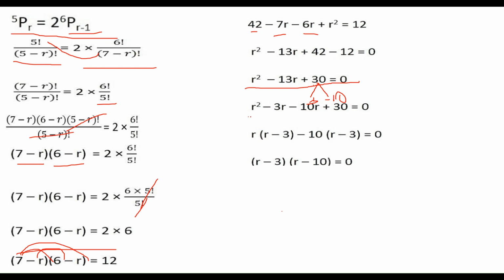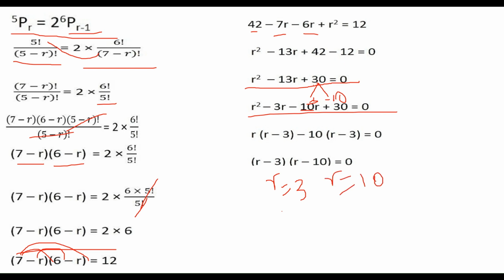This is the equation now. We will write it as r into (r minus 3), minus 10 into (r minus 3), so the remaining is (r minus 10)(r minus 3) equals 0. Now the value of r will be r is equal to 3 and r is equal to 10.